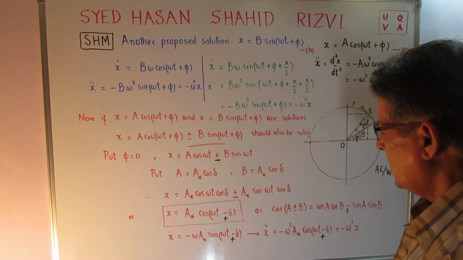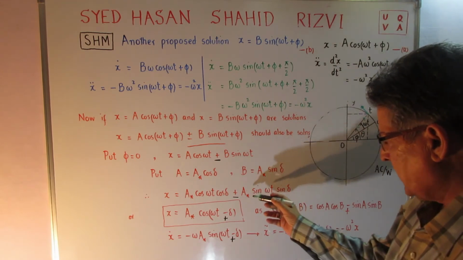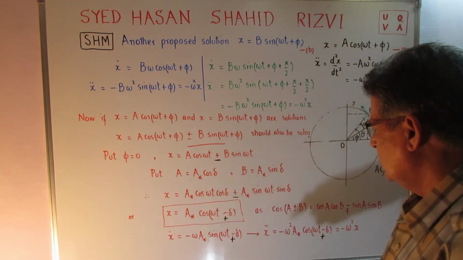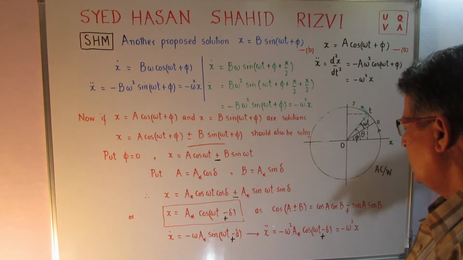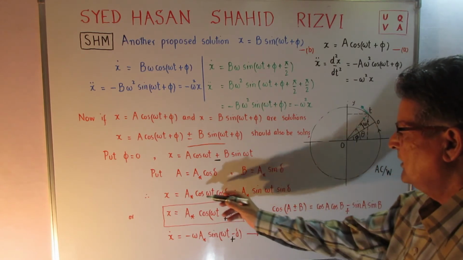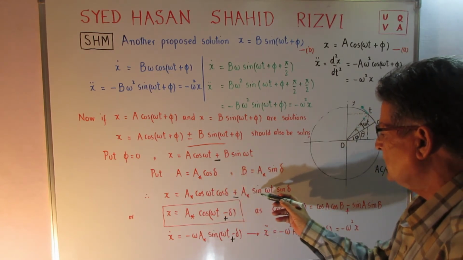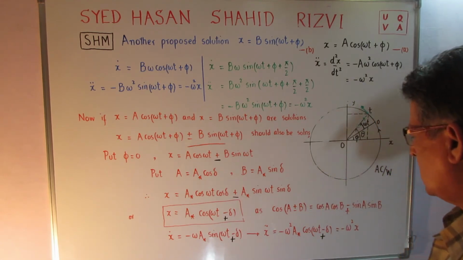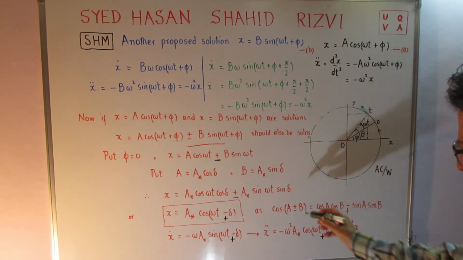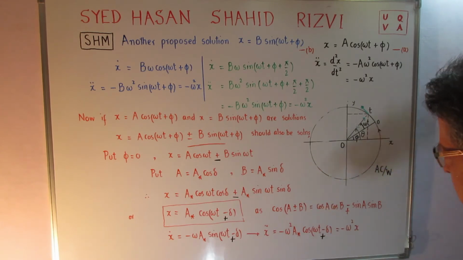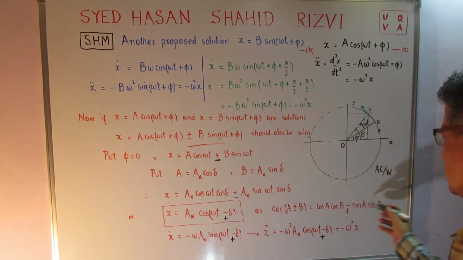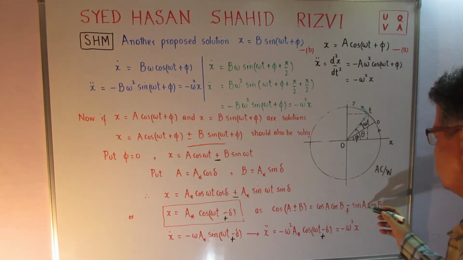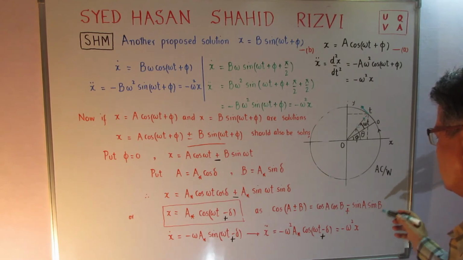Now, when I take a star out, I get cos of omega t cos of delta plus sine of omega t sine of delta. Now, cos of a plus minus b, as I told you before and in the last lecture also, is equal to this. One must remember: cos of a cos of b minus sine of a sine of b.